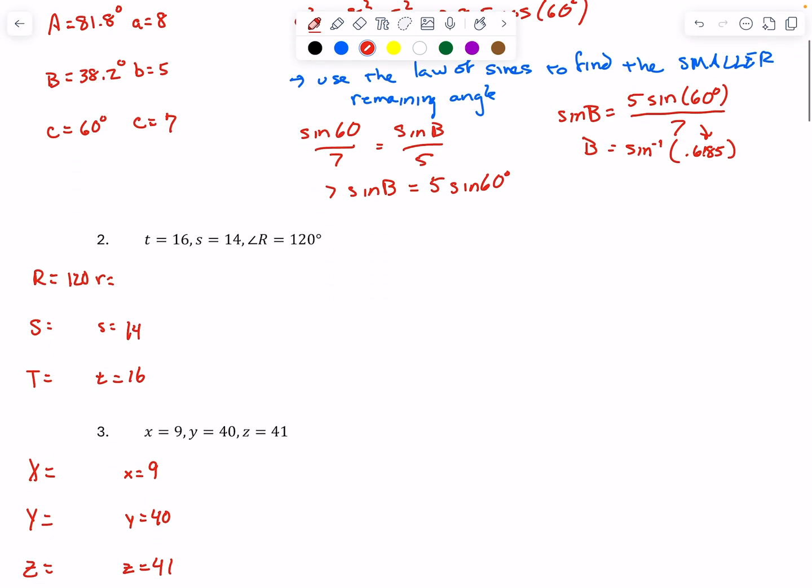All right, next, I'm going to try and do these in blue so you see what's the given information and what's the new information. One more. Find, again, the side that's across from the angle.